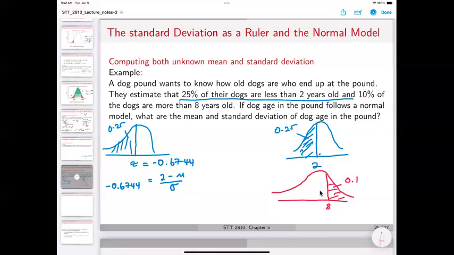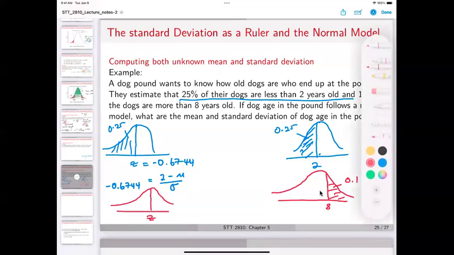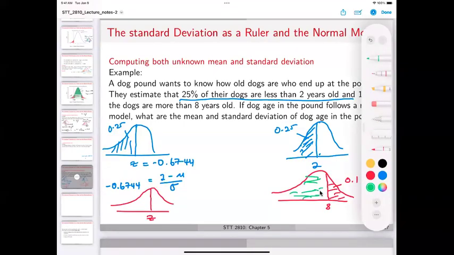It means we have this one here, and then z. So what is the area here? 0.9. And that is what we would use here. 0.9.